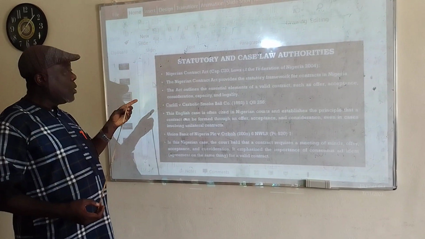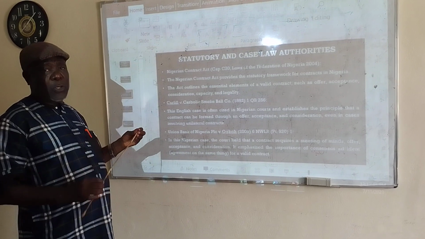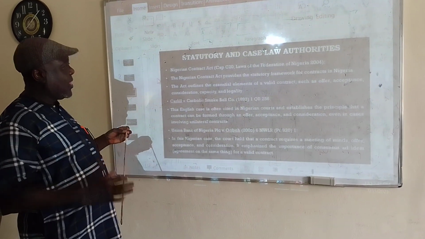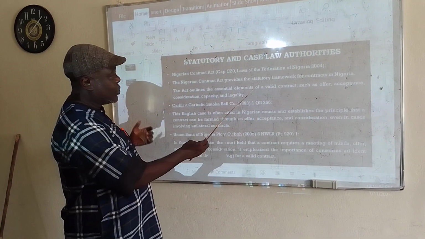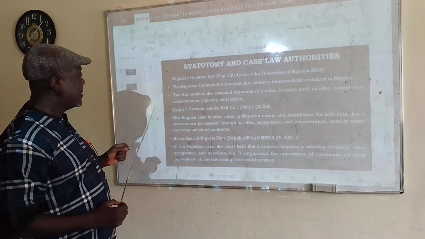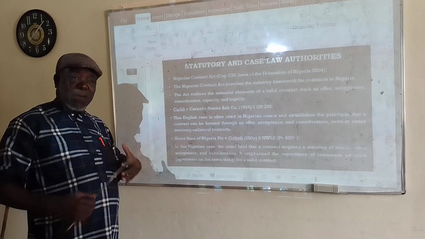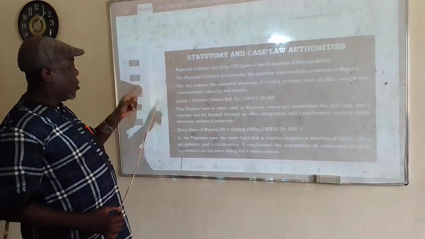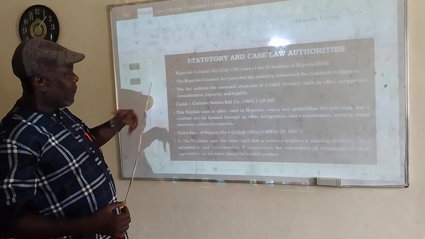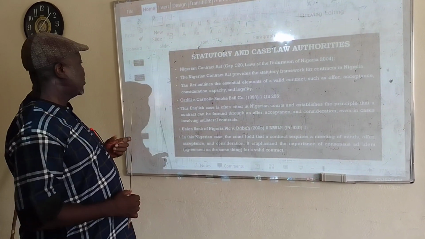Under this law, everything about contract is contained therein. And then we say it provides the statutory framework for contracts in Nigeria. Just as I have said, everything you are looking for for contract, you will get it under this law. As I said, it is a framework for contracts in Nigeria.